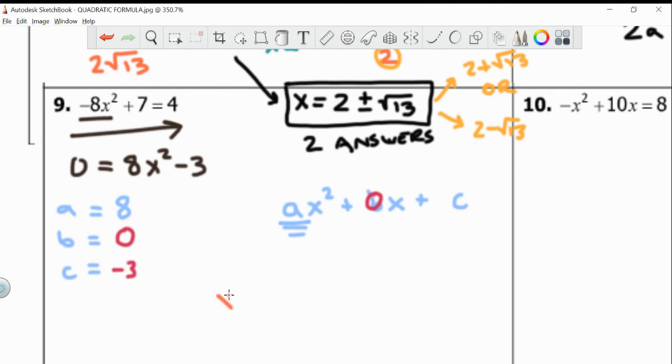I'll get into the quadratic formula just briefly. We won't simplify it all the way down, right? But negative B is just going to be 0, plus or minus the square root of B squared. That's just going to be 0. I guess I'll leave it in there as 0 squared, minus 4ac.